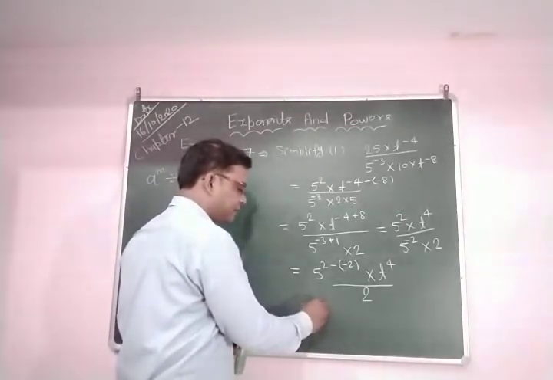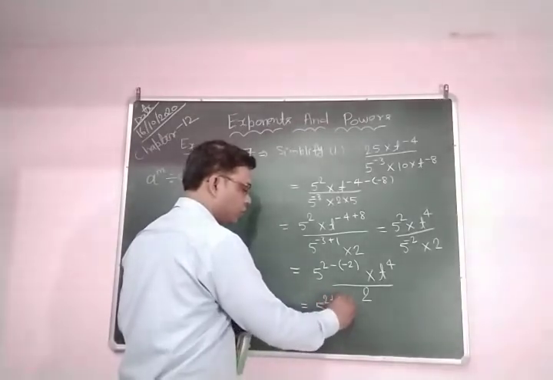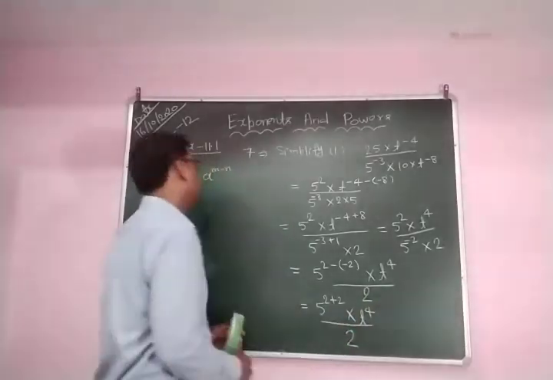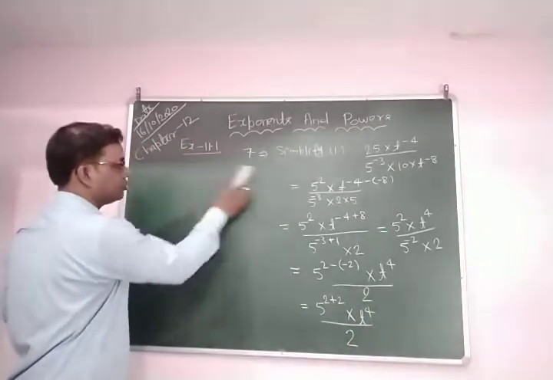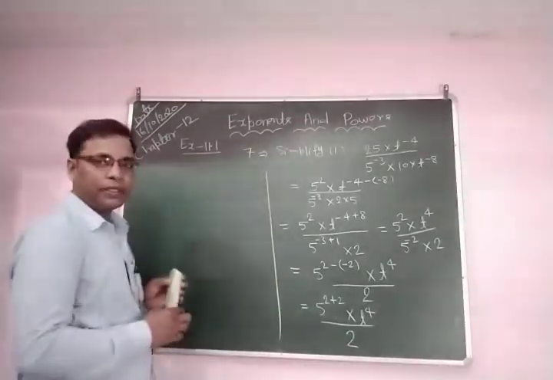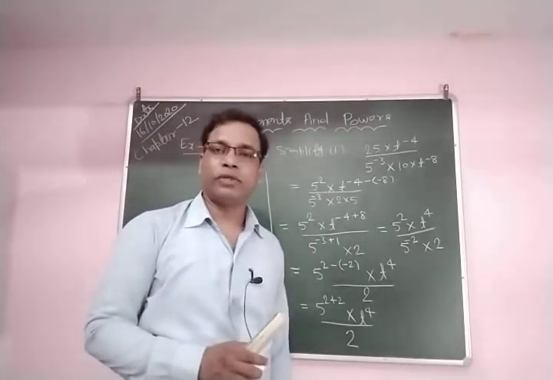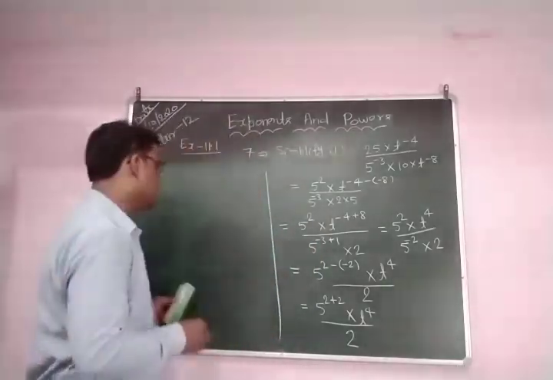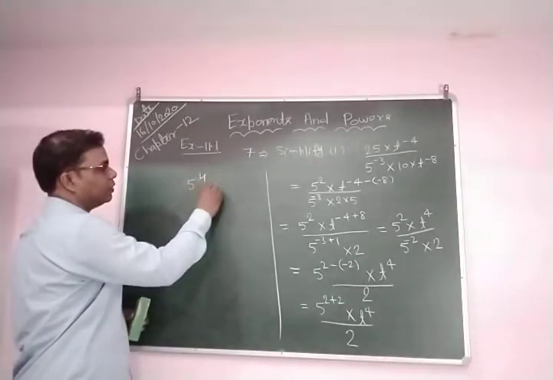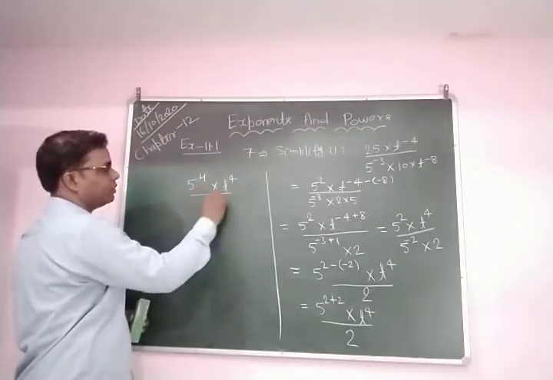So you can write here 5 power 2 plus 2 into t power 4 divided by 2. This is clear. 5 power 2 plus 2 is equal to 5 power 4. So we have 5 power 4 into t power 4 by 2.